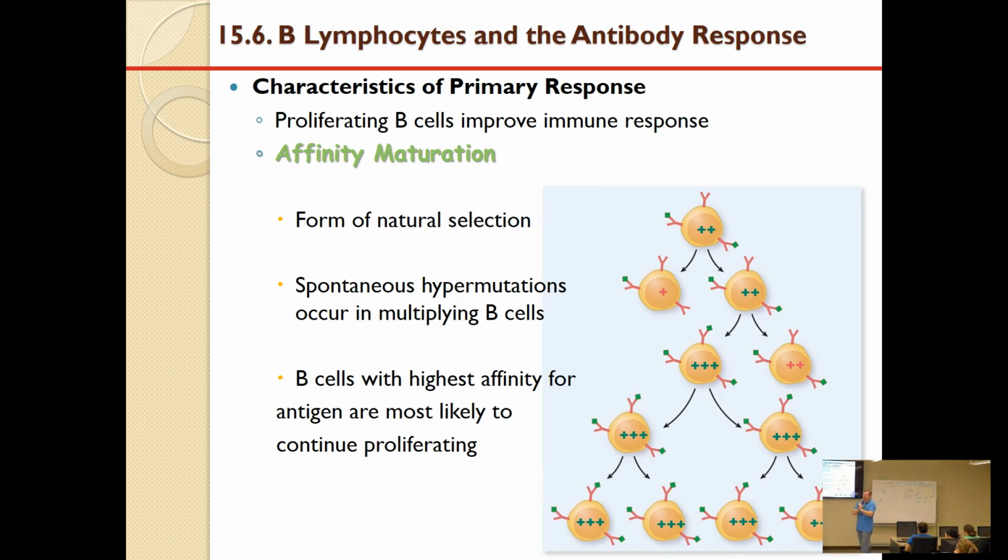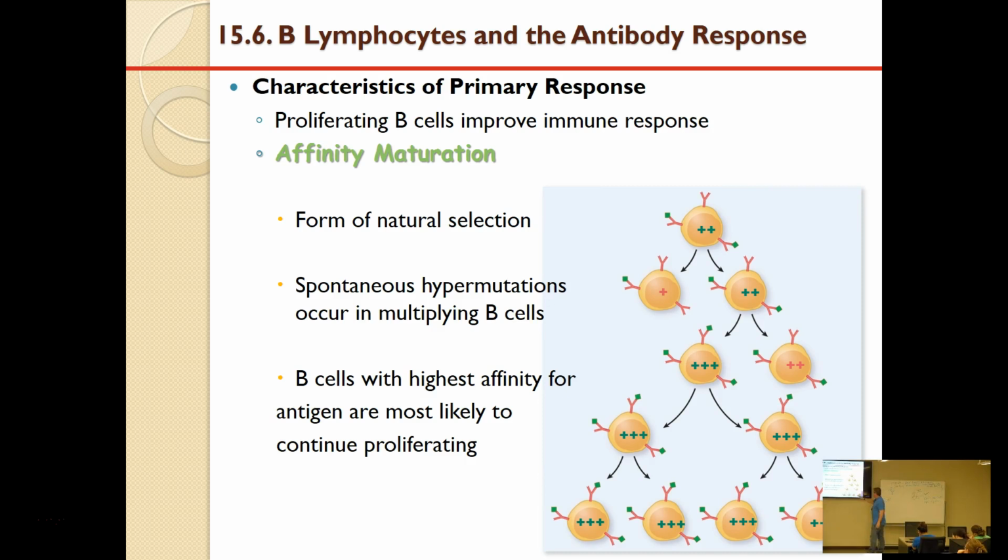That's a pretty good match, but it's still not 100%, right? Through a process that evolution, natural selection, has given us, every time a B cell goes through replication, it's going to quirk. It's going to mess with the genetics of the binding site just a little bit.